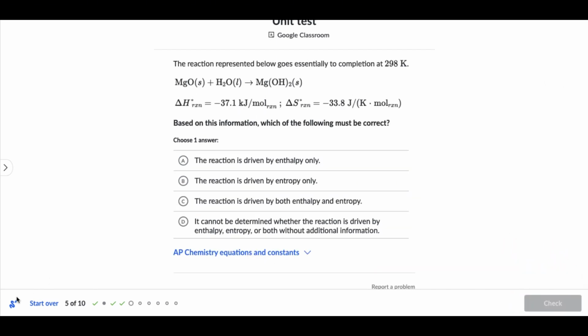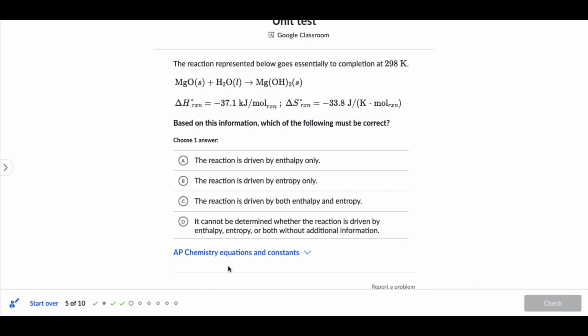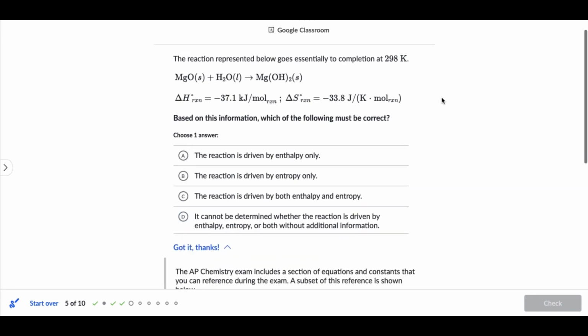The reaction presented below goes essentially to completion at this temperature. Based on this information, which of the following must be correct?